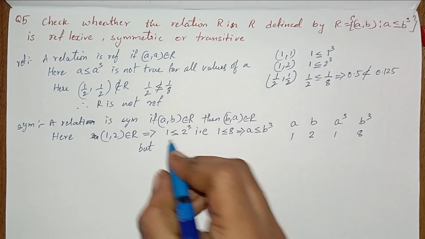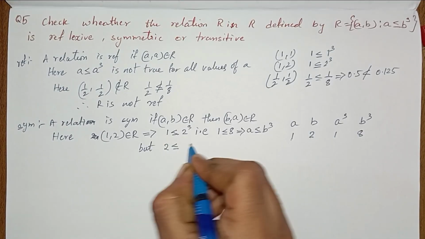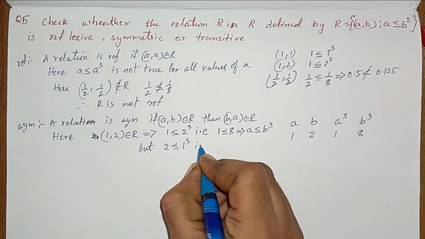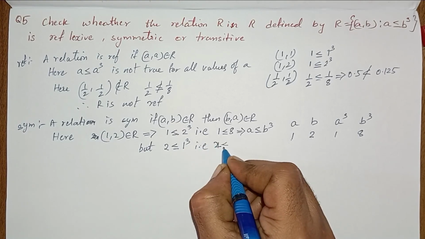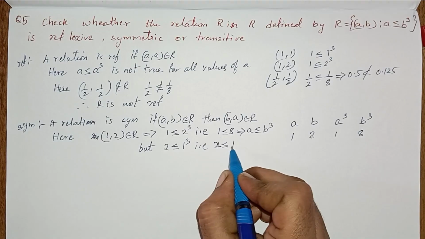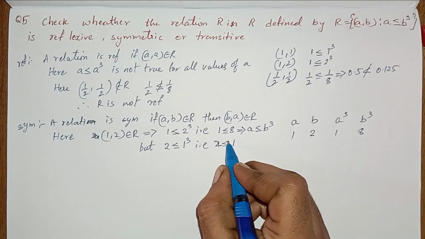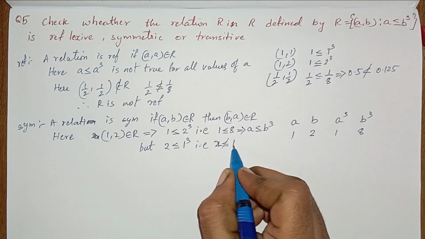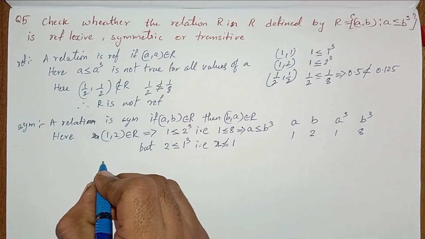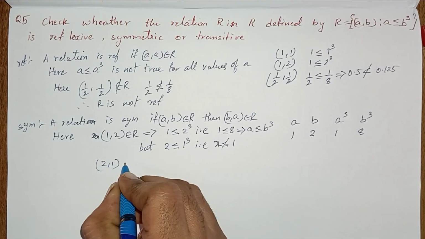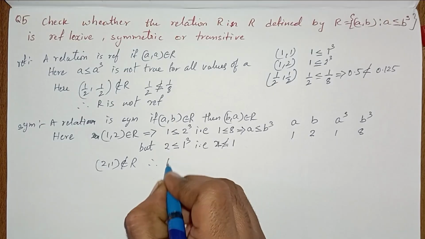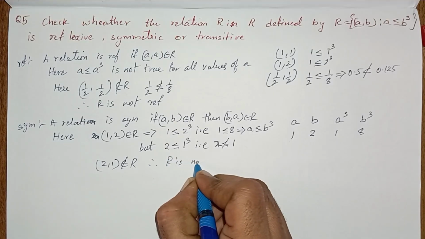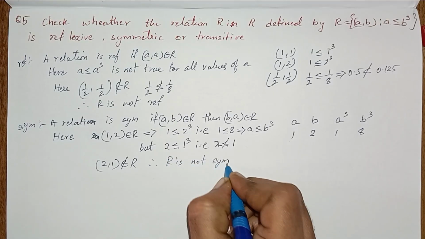So we get 2 is less than or equal to 1 cube, that is 2 is less than or equal to 1, where 2 is greater than 1, which is not true because here they have given that a should be less than or equal to b cube, but 2 is greater. So hence (2, 1) does not belong to R. R is not symmetric.